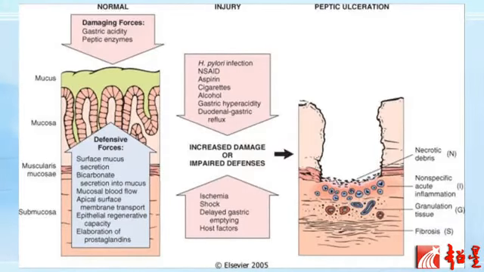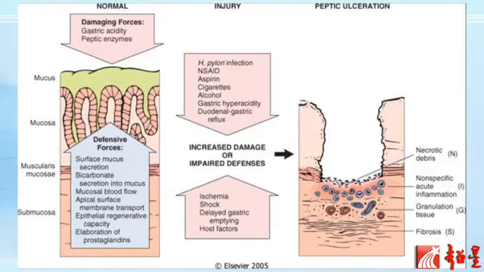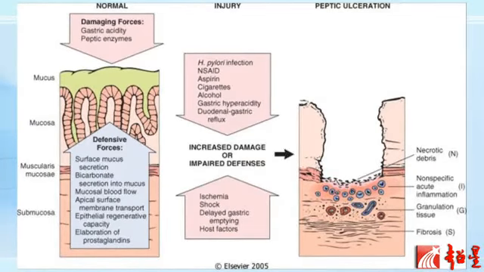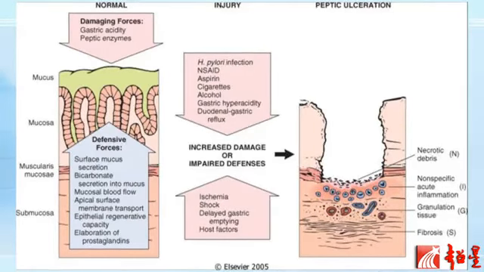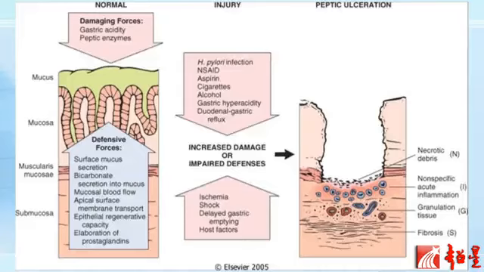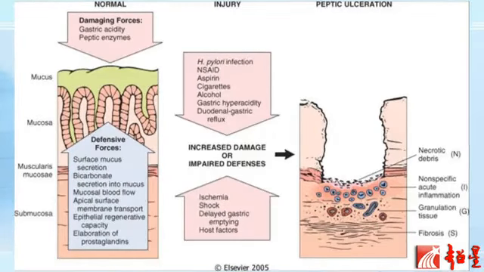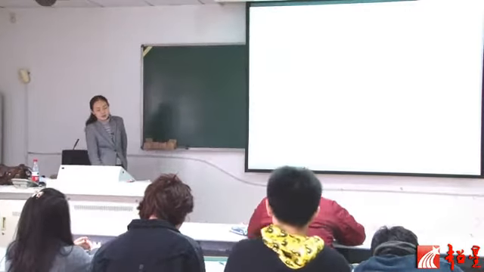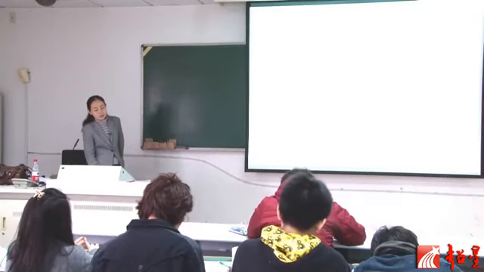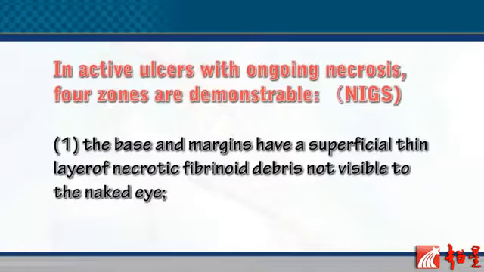Here shows the 4 layers: the necrotic layer, then the non-specific inflammation, the third is granulation tissue, and the fourth is fibrosis. These are the 4 layers of the typical gastric peptic ulcer. And here we introduce the details of these 4 layers or zones.